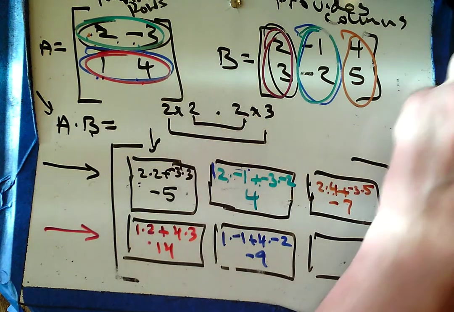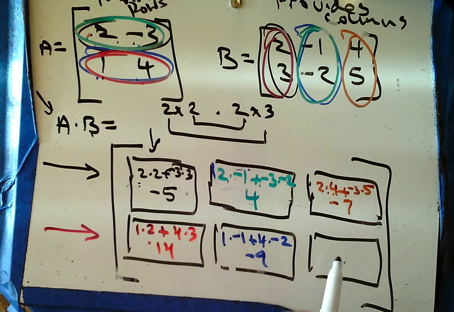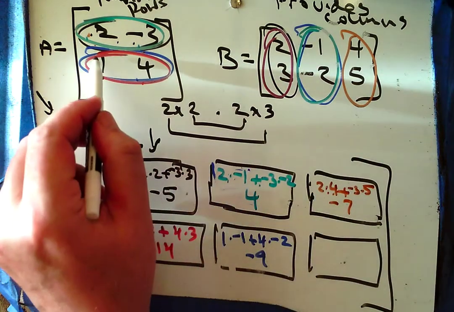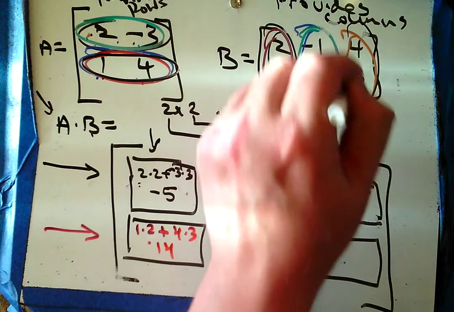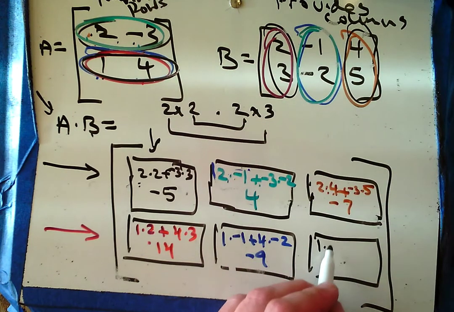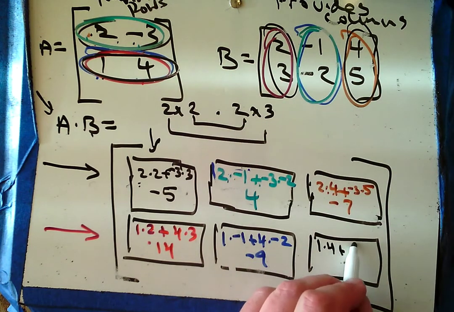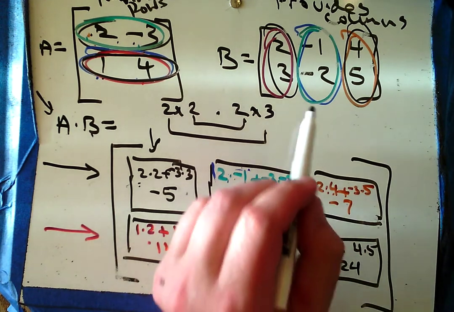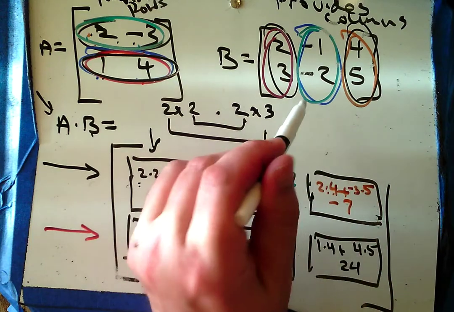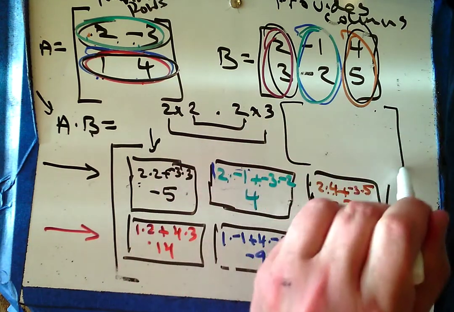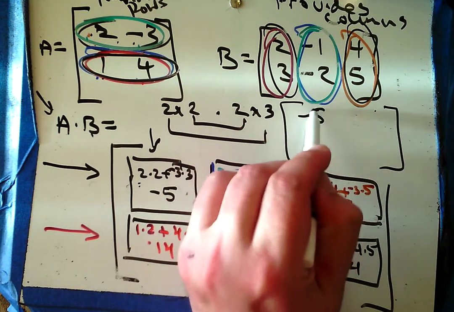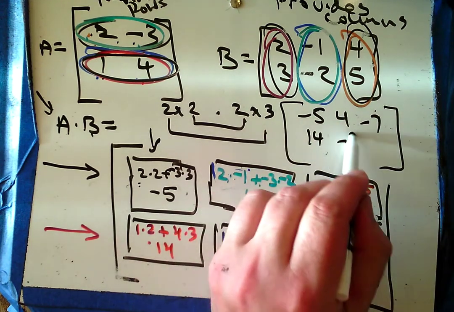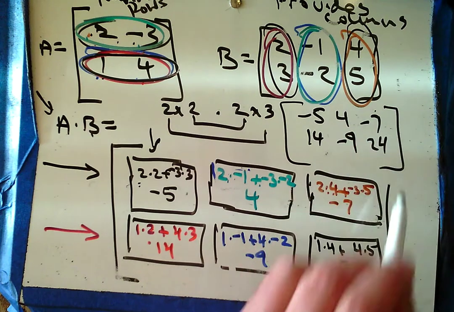And then finally, if I want to fill in this cell, which is in the bottom row and the third column, I want the bottom row times the third column. And so I'm going to have 1 times 4 plus 4 times 5, or 24. So my product is this 2 by 3, negative 5, 4, negative 7, 14, negative 9, 24.